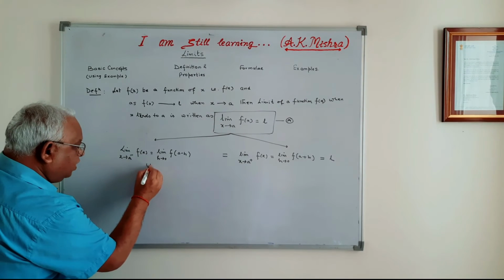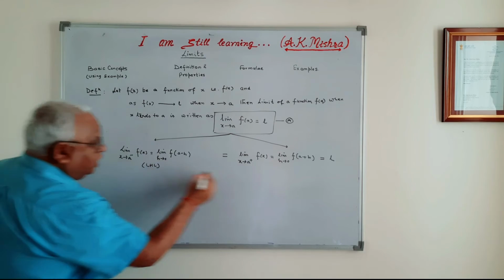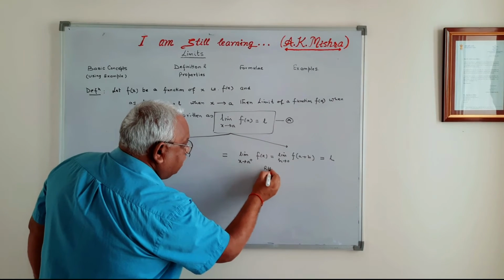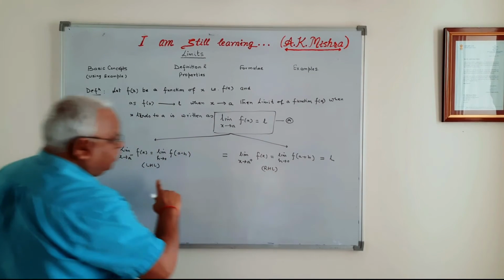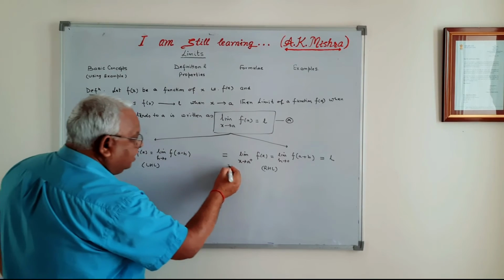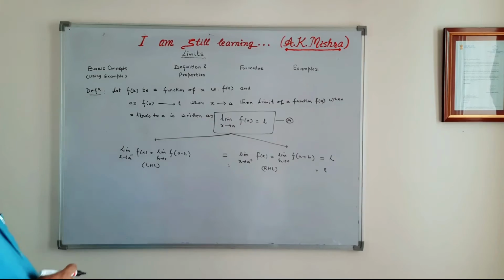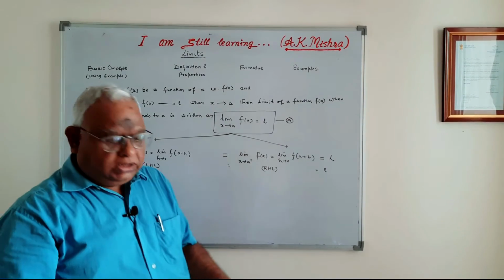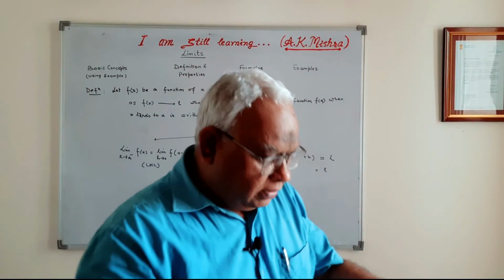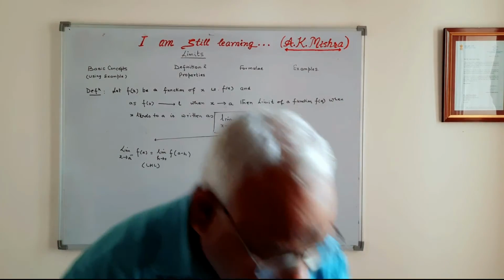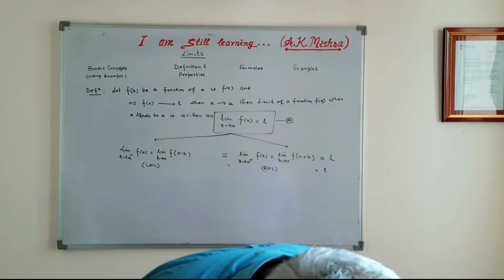This part is called left hand limit and this part is called right hand limit. So when left hand limit is equal to right hand limit is equal to L, then we say limit of the function exists.